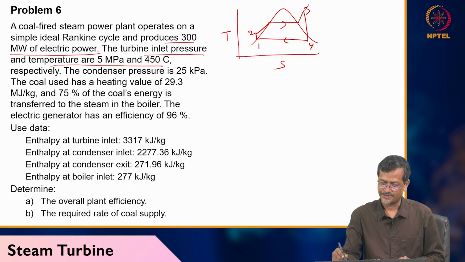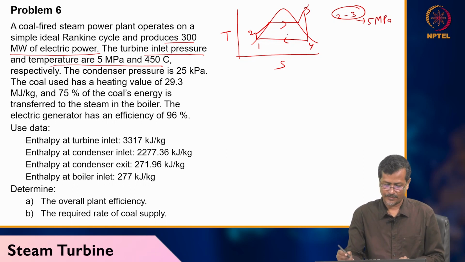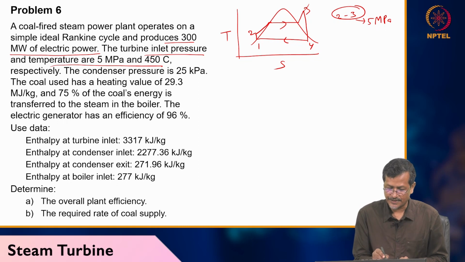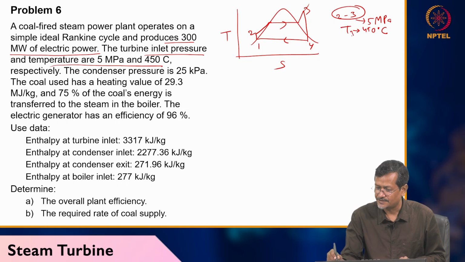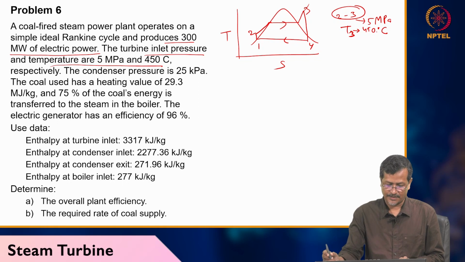This pressure is given because 2 to 3 pressure is same, so this pressure is given, 5 MPa. Okay, and temperature also given, 450 degrees centigrade for turbine inlet. That means T3, temperature at 3 is given, maximum temperature.